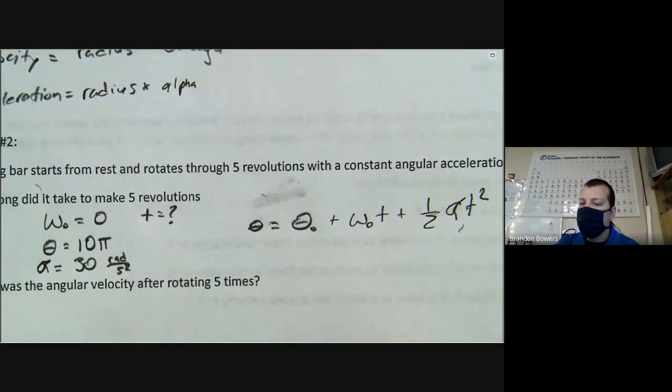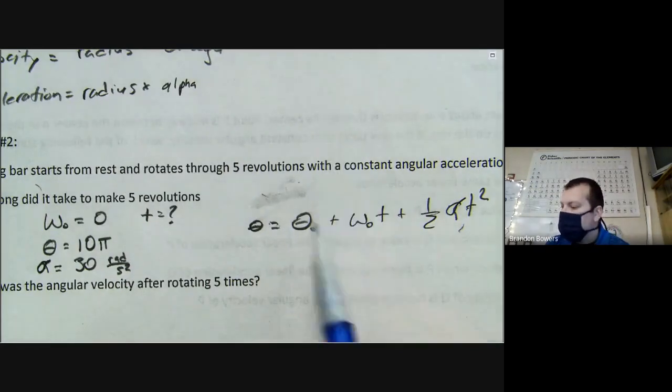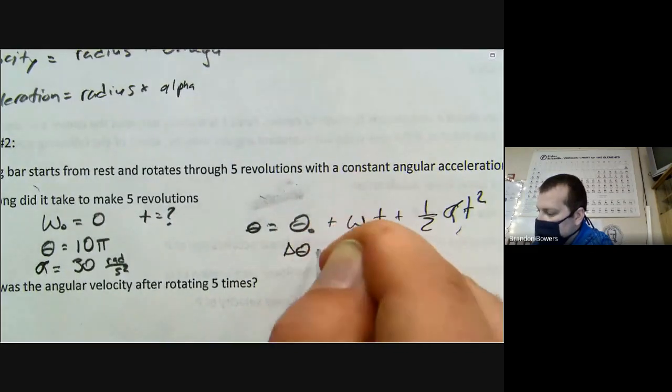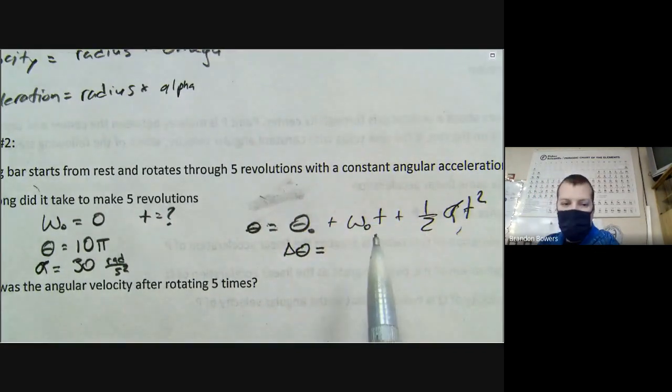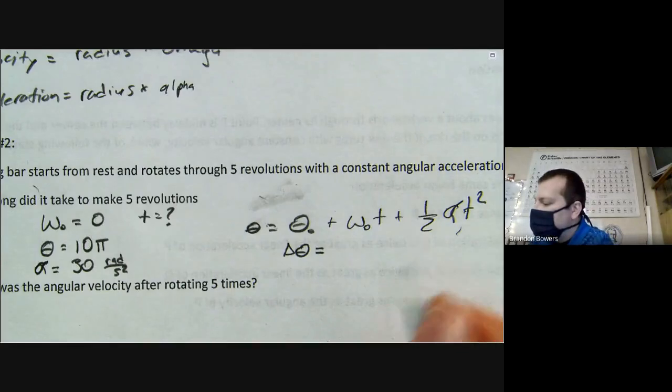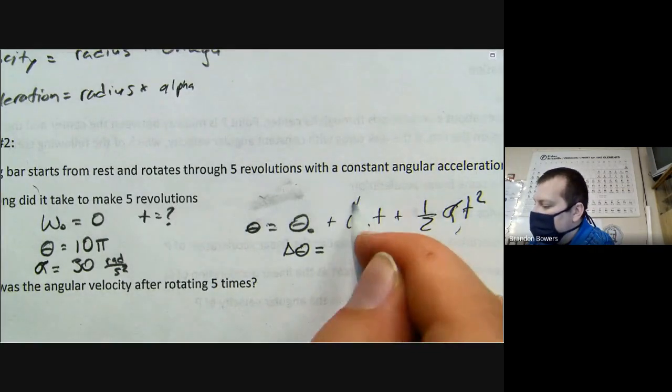If we check this out, I like to write delta theta, change in theta, is equal to omega initial times time plus 1/2 alpha times time squared. What's my omega initial? 0. I love zeros. So this is 0 right here, bye.